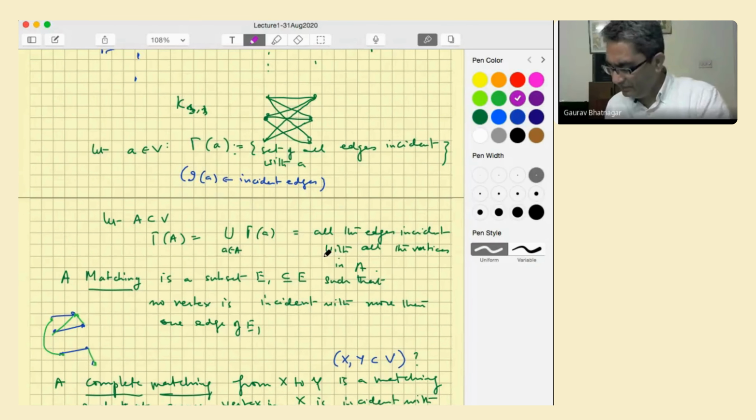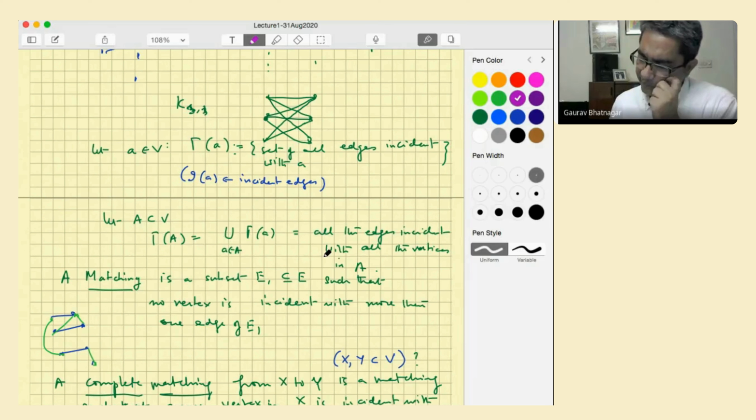Maybe my definition, this was edges or this was weights. As far as I know, this is the edges.